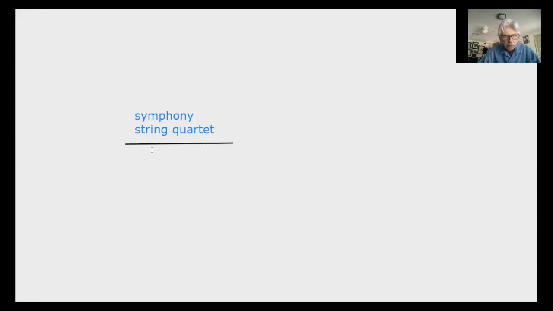The multi-movement form has the first movement fast and usually in sonata allegro form. And that's what we're going to talk about in this chapter: sonata allegro form, what that is.